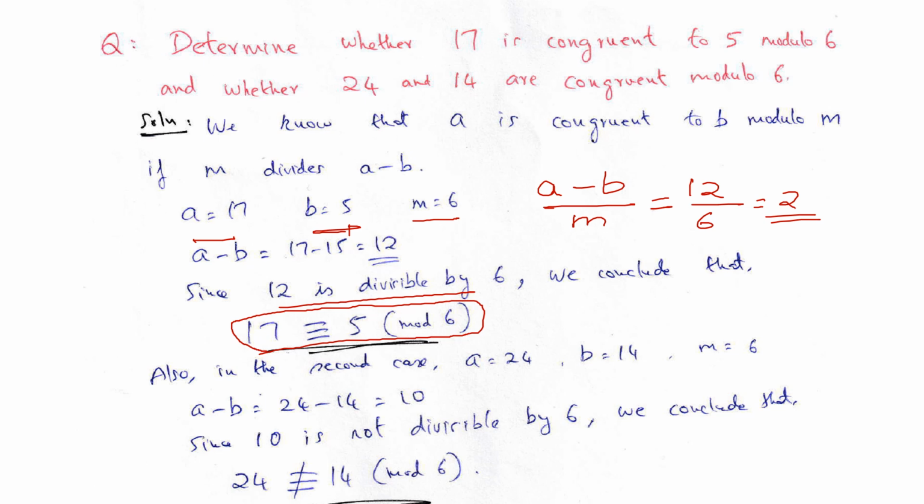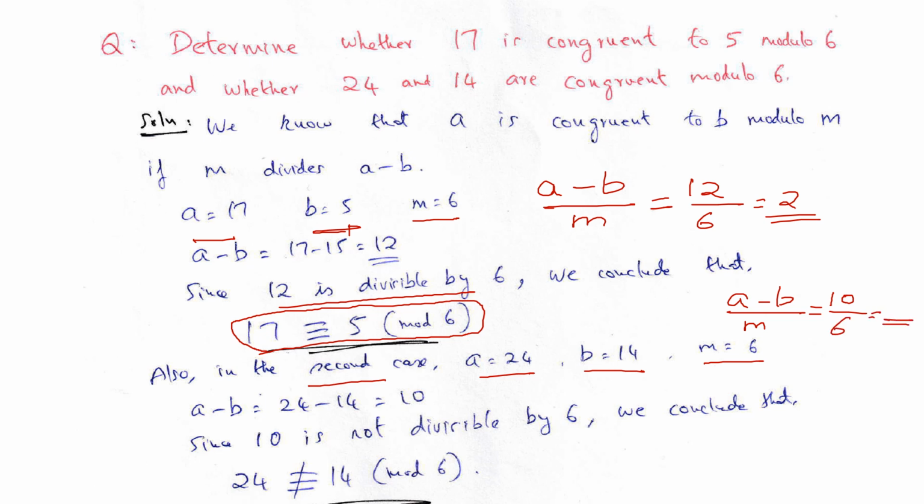Now you see the second problem. In the second case, a is given as 24, b is given as 14, m is given as 6. So what you have to do here? Same thing, a minus b by m. So what is a here? 24, b is 14. So 24 minus 14 is 10. Okay, 10 divided by m, m is 6. How much?